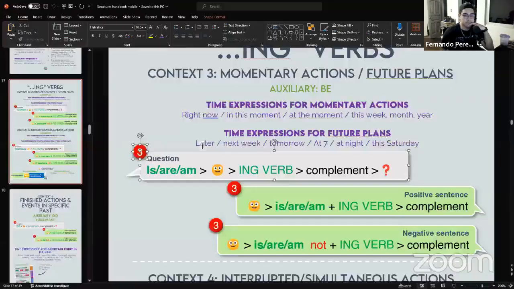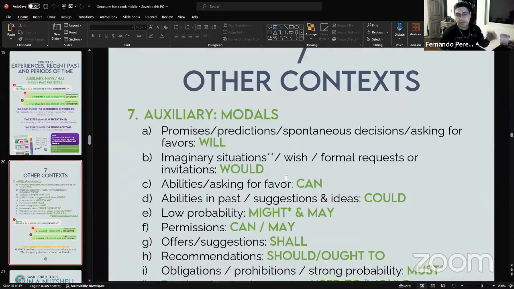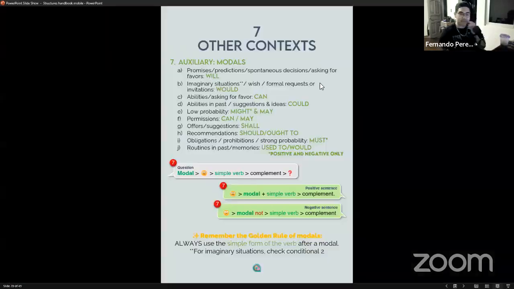And the structure and the context that I refer to is context 7. Ta-da. We are talking about other contexts. As you can see, there are a lot of contexts corresponding to each modal. You need to practice and memorize the applications of all.